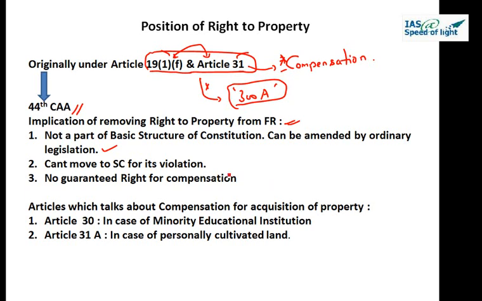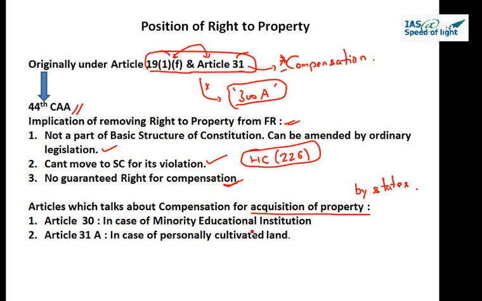And the aggrieved party cannot move to the Supreme Court directly for its violation, though it can move to the High Court under Article 226 for the violation of fundamental rights or constitutional rights. There is no guaranteed right for compensation. But still there are certain articles which talk about compensation for the acquisition of property by states. One article we have already seen, which is Article 30.